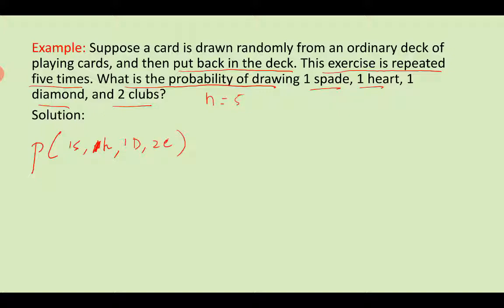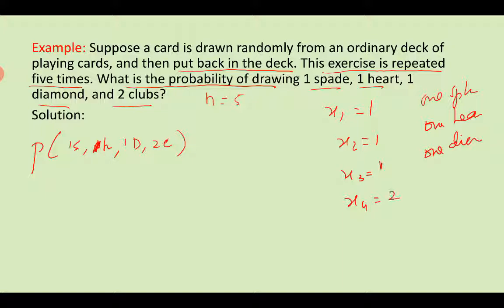Two clubs. So x1 is 1 spade, x2 is 1 heart, x3 occurs 1 diamond, and x4, there are 4 different varieties of events, isn't it? x4 is 2 times, what occurs? Club, 2 clubs. Okay, what is the probability of getting one spade?